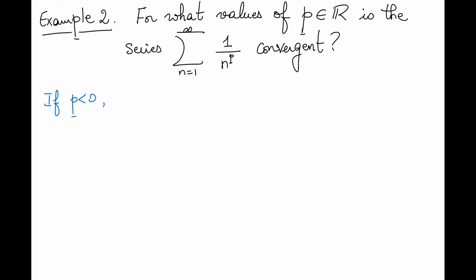If p is less than 0, what happens to 1 over n^p? Well, this becomes n to the power minus p, where minus p is positive this time, right? This is a positive thing.